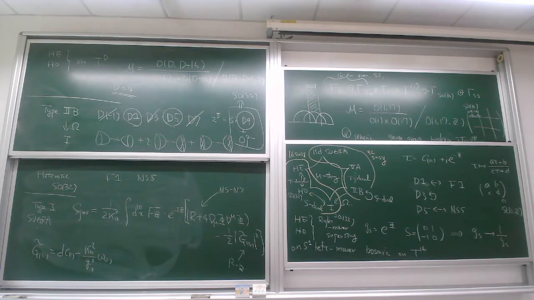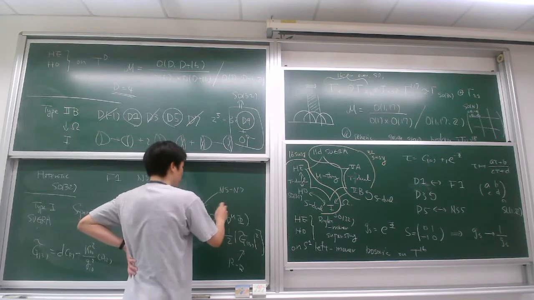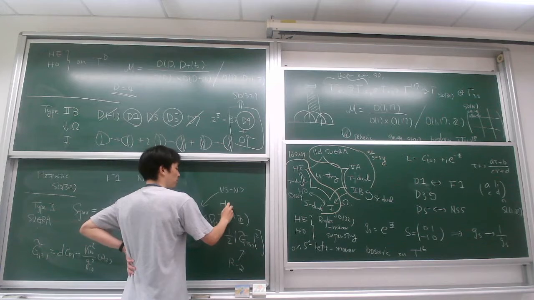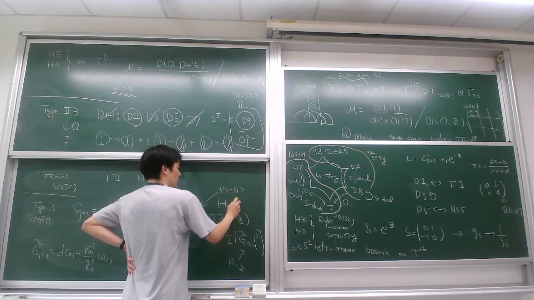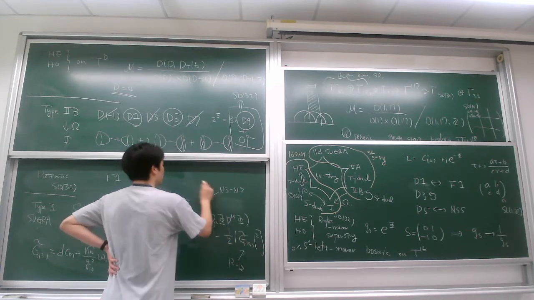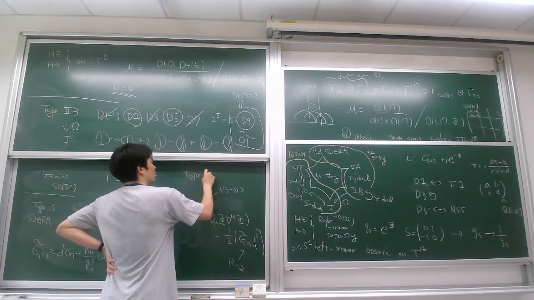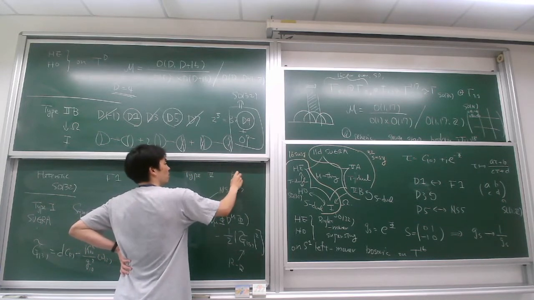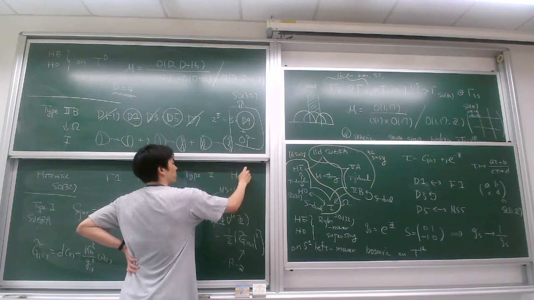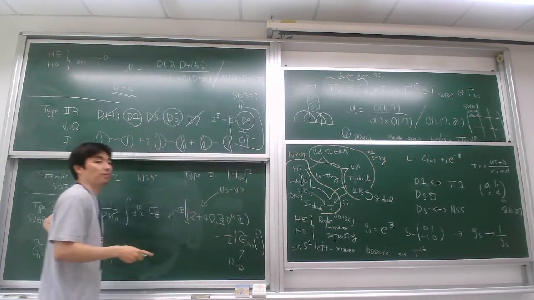Okay, good. Wonderful. Type 2 has a B field strength. Good observation. Type 2, you always have a B field, so you have a kinetic term for the B field.